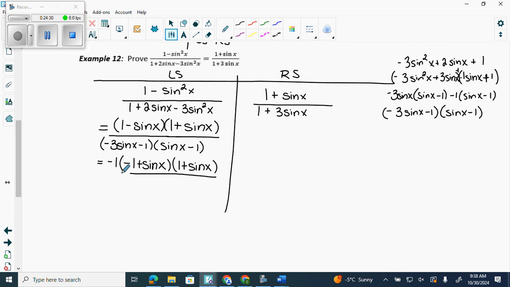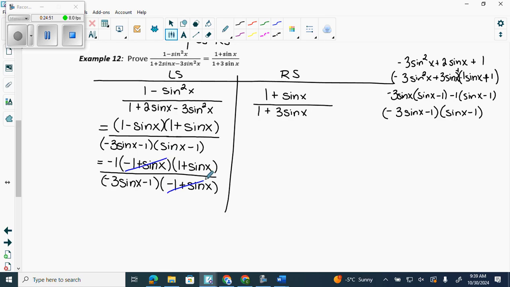Then on the bottom, I have negative 3 sine x minus 1, and I could rearrange this if I so choose. I could write this as negative 1 plus sine x. Now do those two match? Cool. Now they're gone.